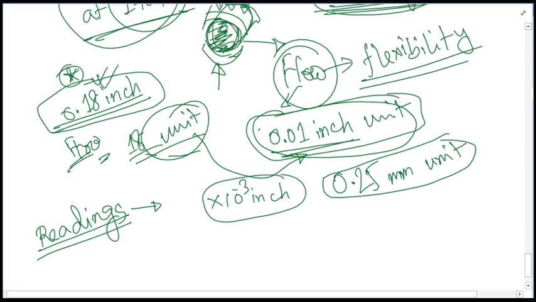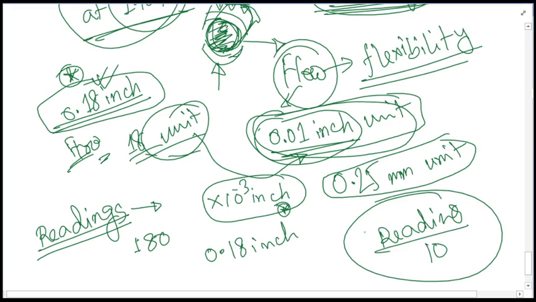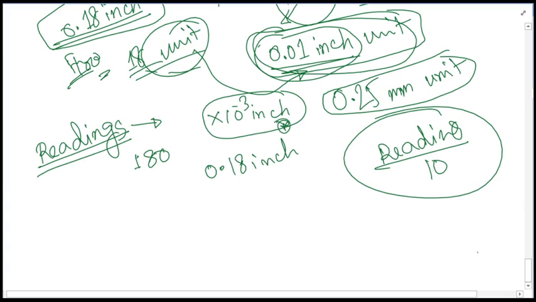So if these readings are in this particular unit, then if you get a reading of 180, you will say this is actually 0.18 inch. And in that case, if you want to convert it into 0.01 inch unit, then you will have to divide the reading by 10. So that's how you will have to approach this. I don't think this will make any complexities. Just what you need to know is this particular pattern, which unit you are using, and in which unit the dial gauge reading is giving it. You should be able to know that.